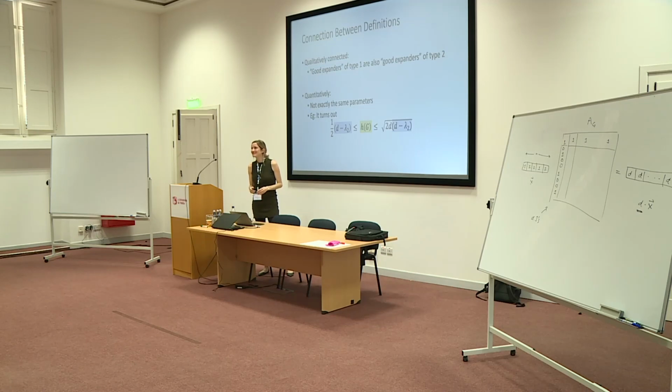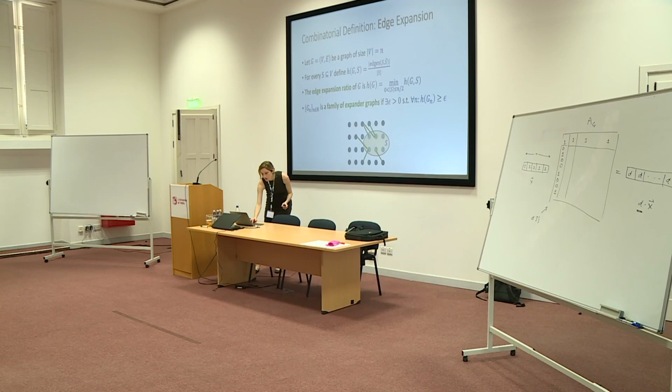I also have a question. Is there some connection to edge connectedness of the graph, whether it's a good expander or not? By edge connectedness, what do you mean? How many edges you need to cut the graph into two parts? Yes, in fact, if you take a look at this definition of the edge expansion, ignore everything else.